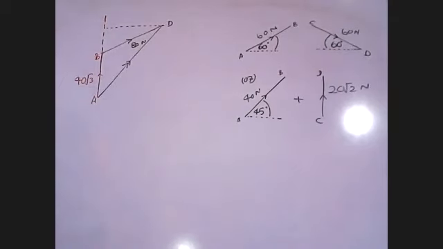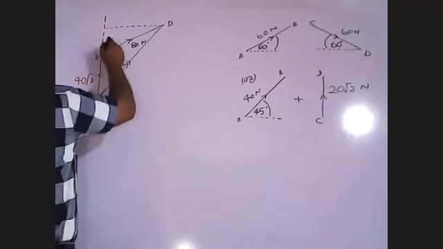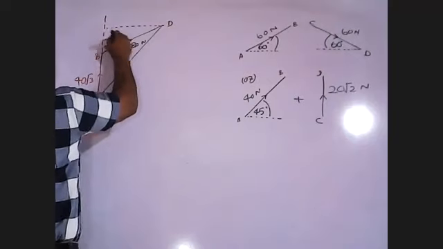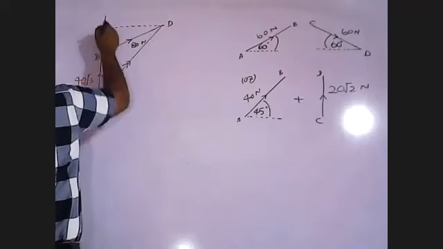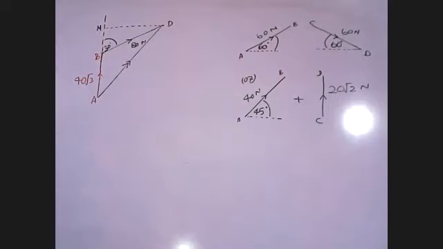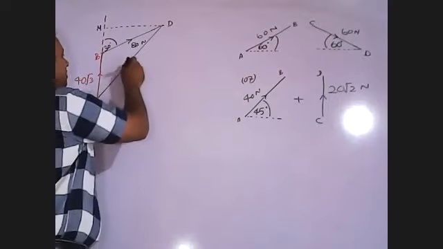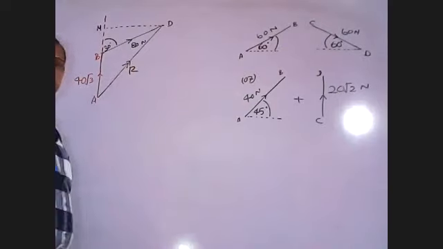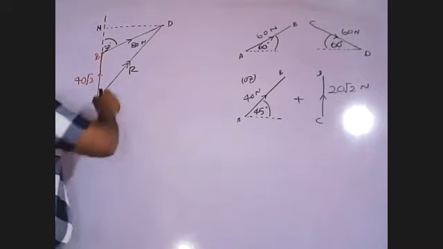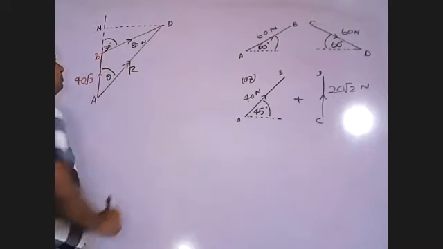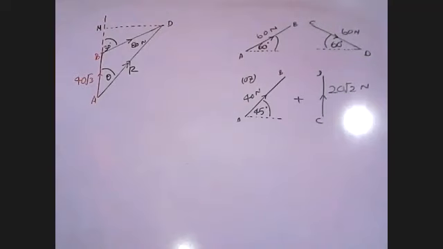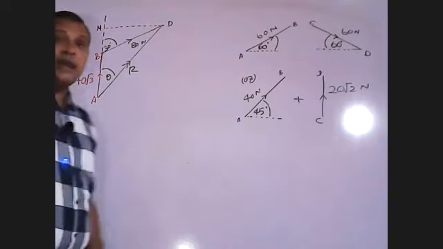You have to do the same procedure here. The angle is different. This is 30 now. So what is the value of R and this angle? You have to find R and theta.